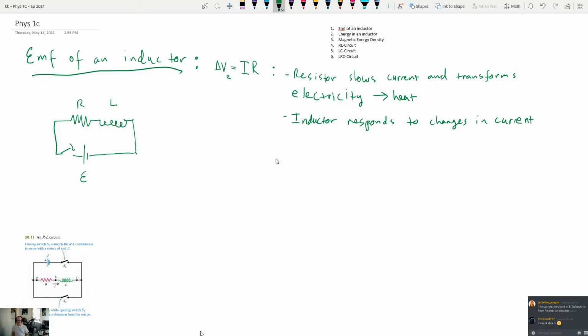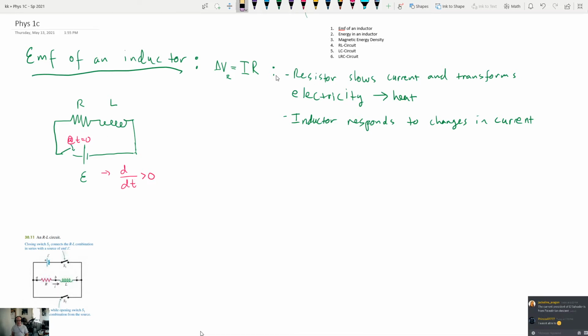Now, if we want to define how that happens, we can say that when you have current in a circuit that's changing, so if we throw this switch at t equal to 0, that's going to lead to di/dt, the rate of change of current in the system, being greater than 0.